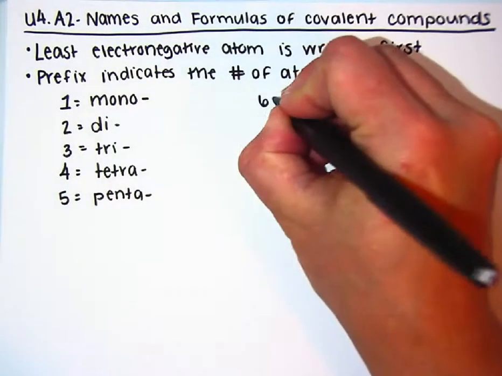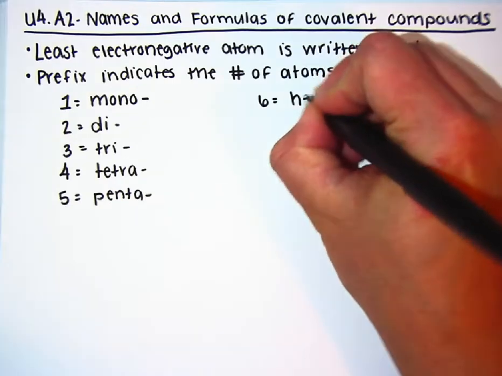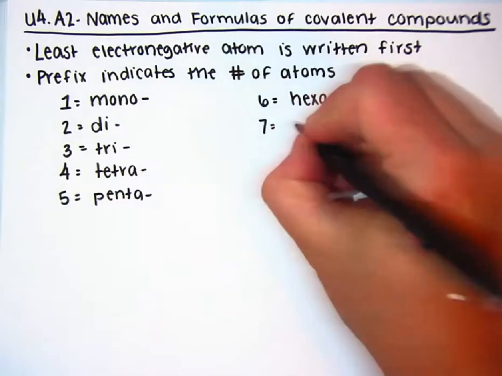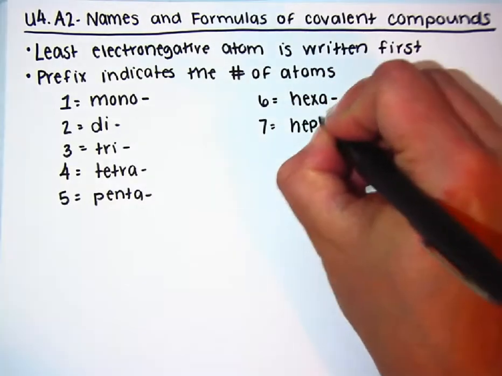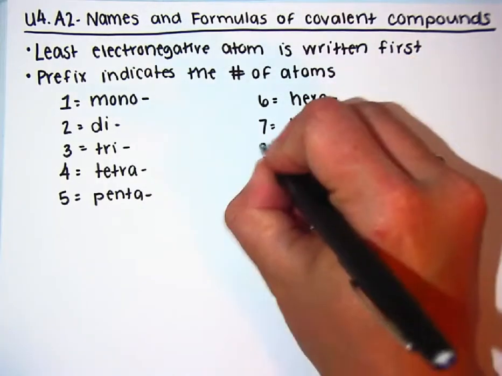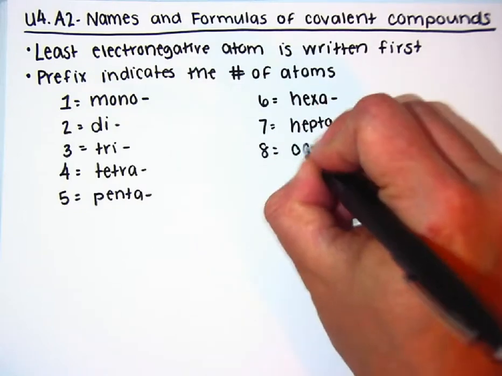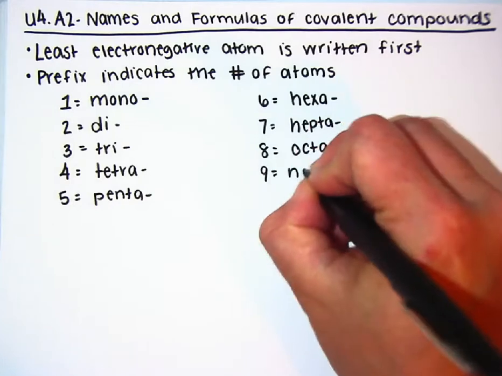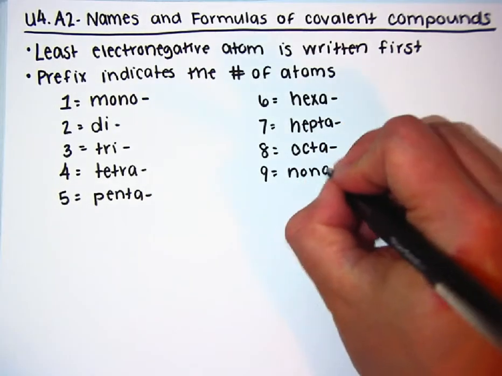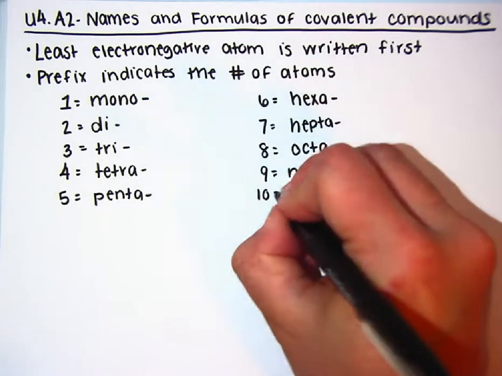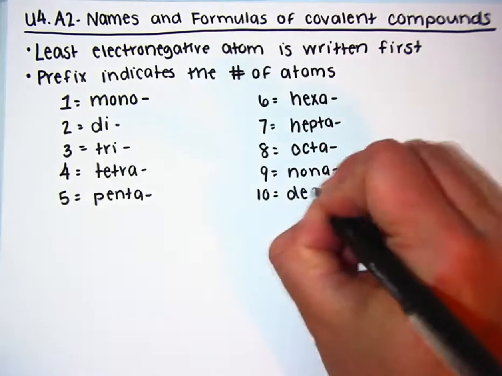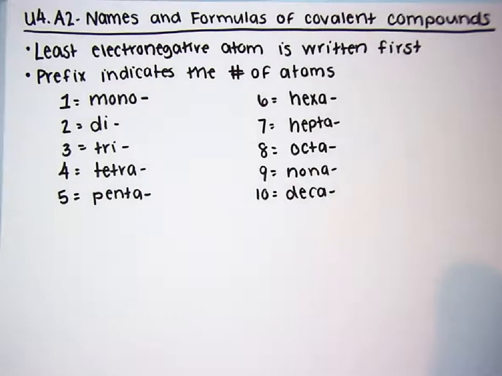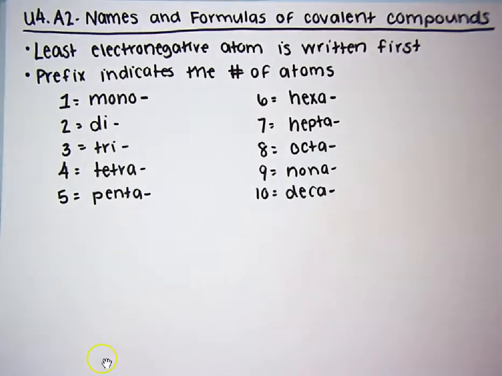Most of these you should be familiar with. Hexa, like a hexagon, it has 6 sides. 8 is octa, like an octagon. 10 is deca, like a decade, 10 years. So most of these, hopefully, you're a little bit familiar with.